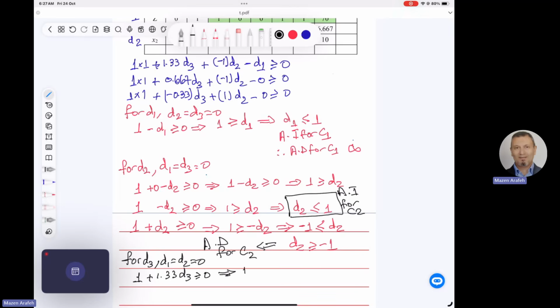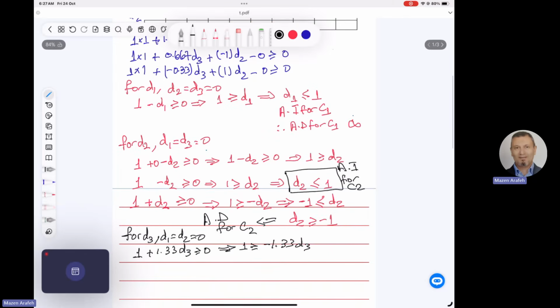Let me write it. So this is 1 is greater than or equal to minus 1.33 D3. And this is basically 4 over 3.